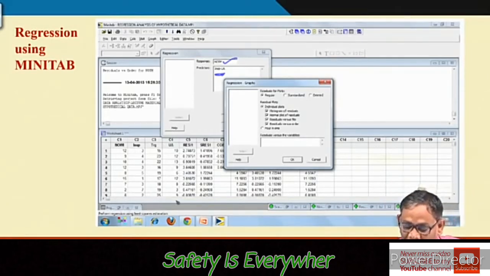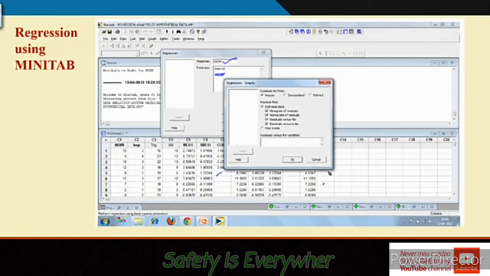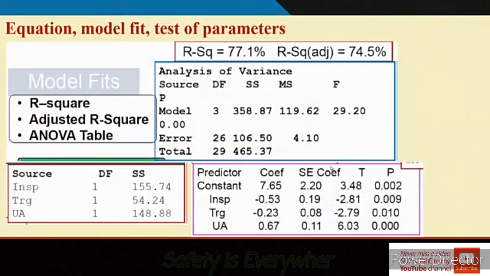The first part is the data, second here the coefficients, and here the predicted or fitted values are given, and also some errors are given there. Okay. So, if you collect data, use Minitab and you will get the solution to the regression equation. Exactly that one we have done here.